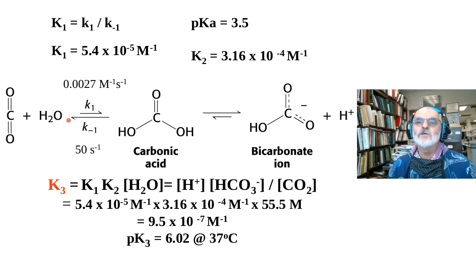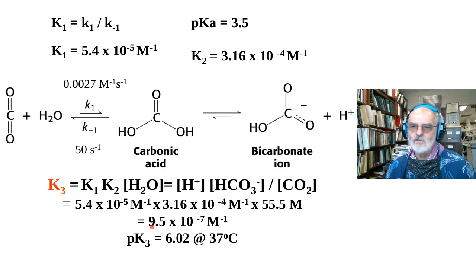So the equilibrium constant for the first and the second reaction, and you can see that the rate constants are listed here for at least this first solubilization reaction, and then the dissociation to give a proton and bicarb. And then we're going to plug numbers into this overall reaction, the 5.4 and the 3.1 instead of the -4. And we're going to correct for the water concentration.